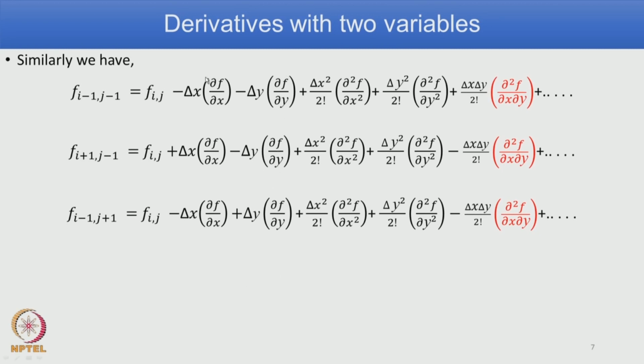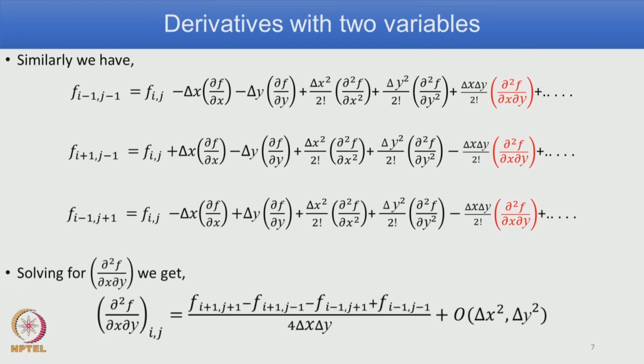So, in all the three expressions here and one expression in the previous slide, we have a mixed derivative term, dou squared f by dou x dou y, and so we have 4 equations where the mixed derivative is appearing. So, we do simple arithmetic, add all of them and take an average, and you get finally the expression for the mixed derivative as shown here.